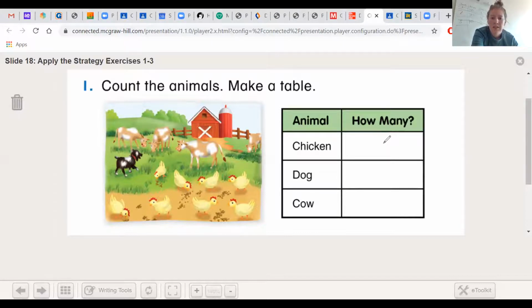I'm gonna write the number 8 right here. Let's count the dogs. Oh, 1. I only see 1 dog. How about the cows? 1, 2, 3, 4. 4 cows.